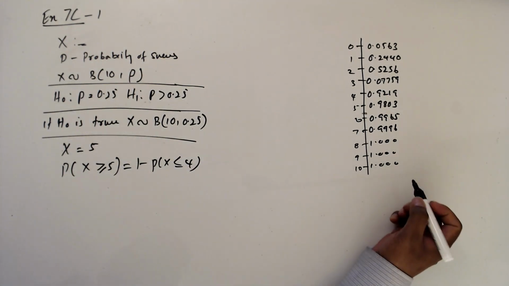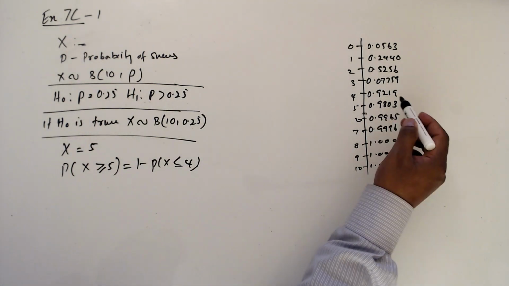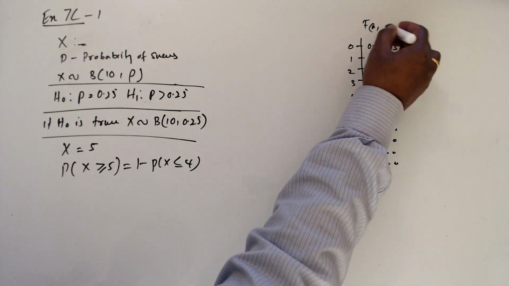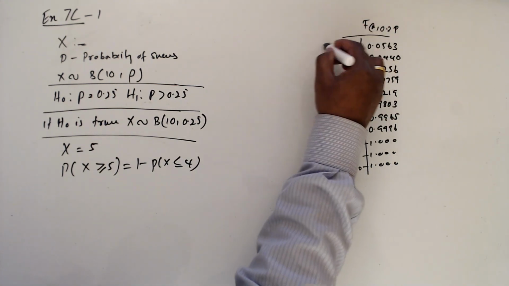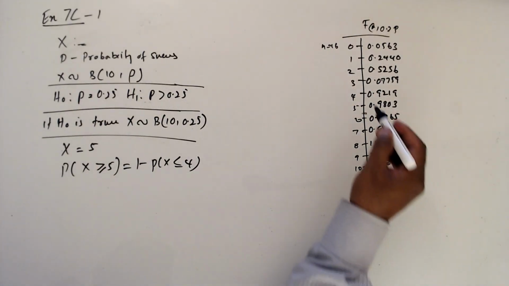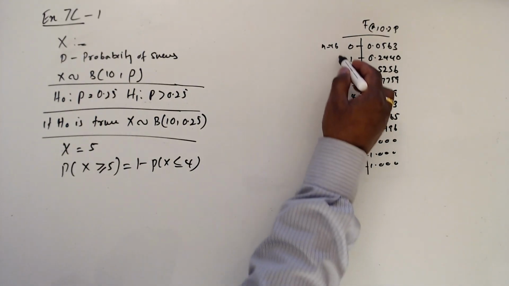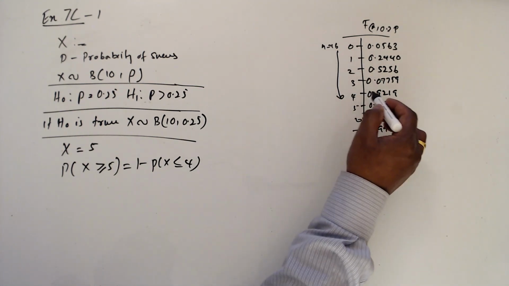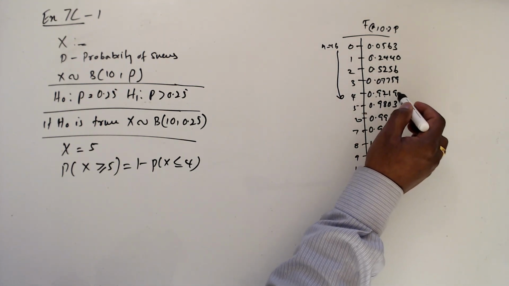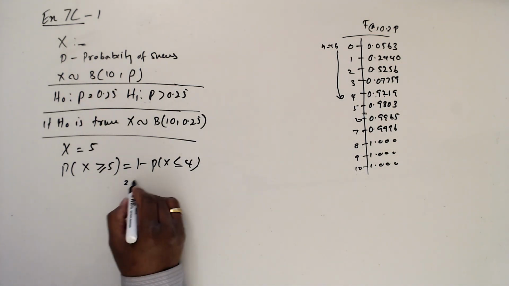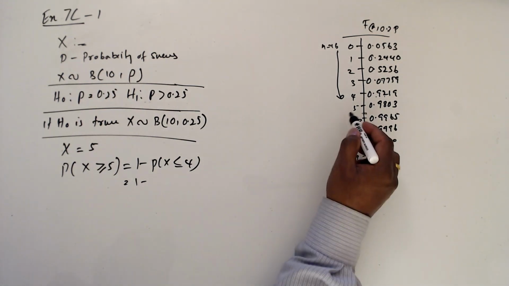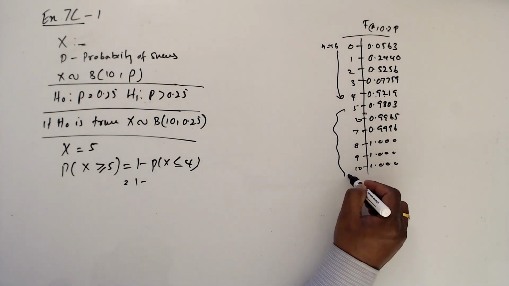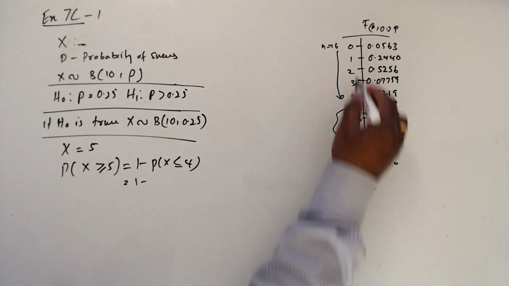So this is the table, the cumulative table for 0.25 and n equal to 10. The cumulative probability up to 4 is 0.9219, so then 1 minus this, we will get this part.